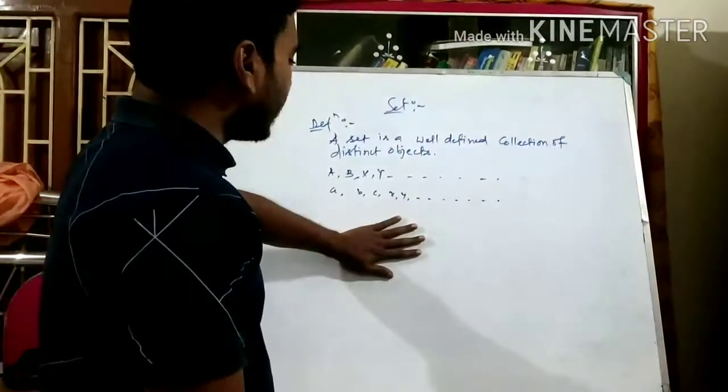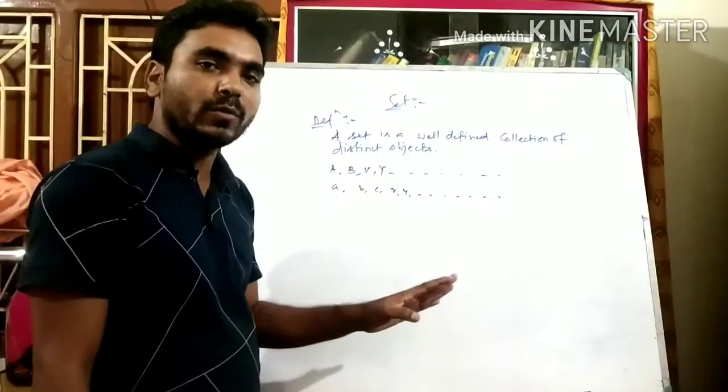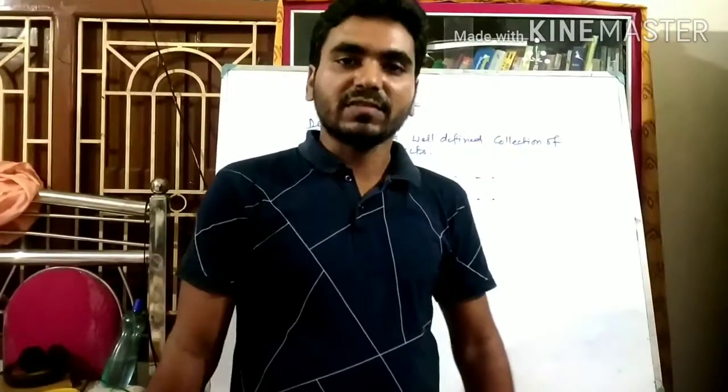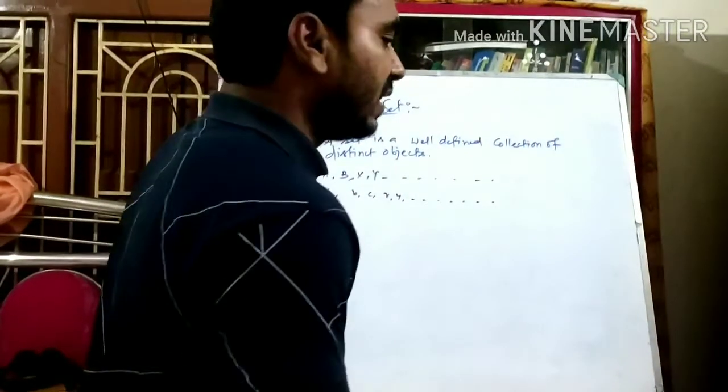A set containing only a finite number of elements is called a finite set, and a set containing an infinite number of elements is called an infinite set.